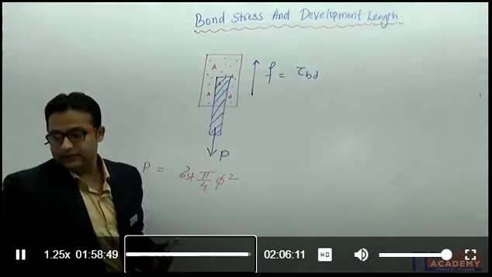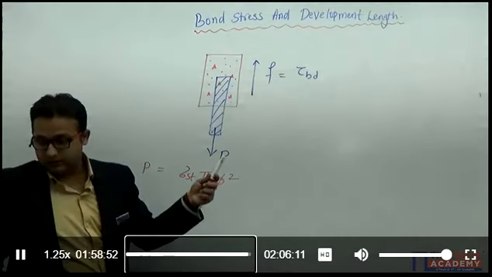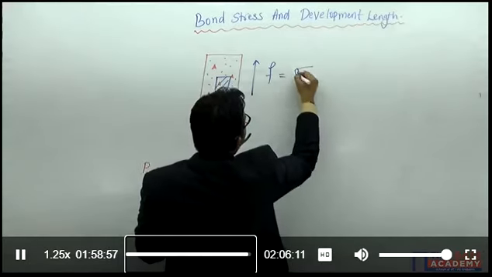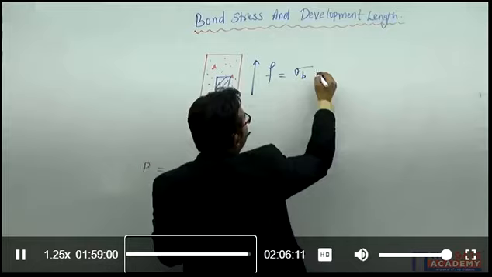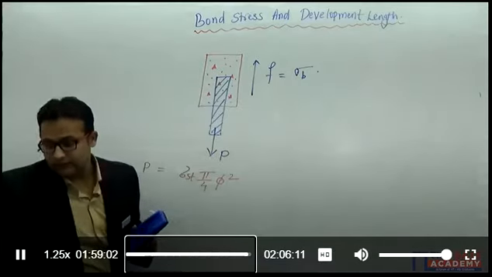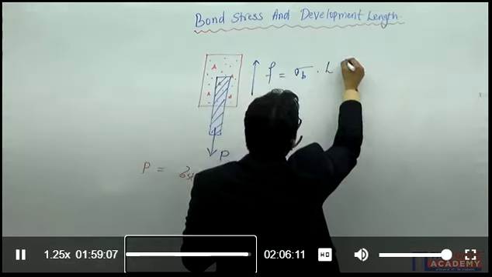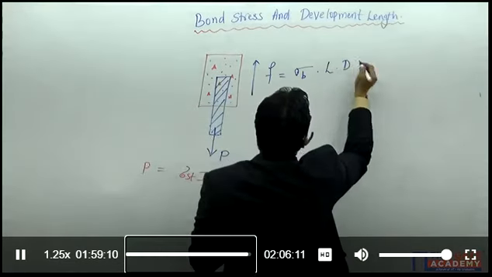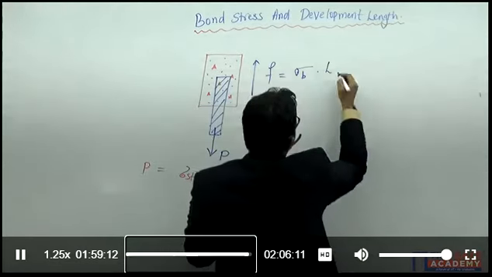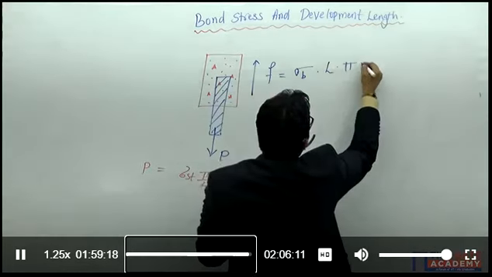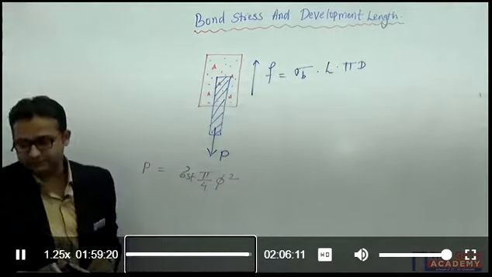Tau BD is the strength they have given in terms of sigma B. See, sigma B into the length L they have given. Over this L length, the diameter D into pi phi, they have given D.